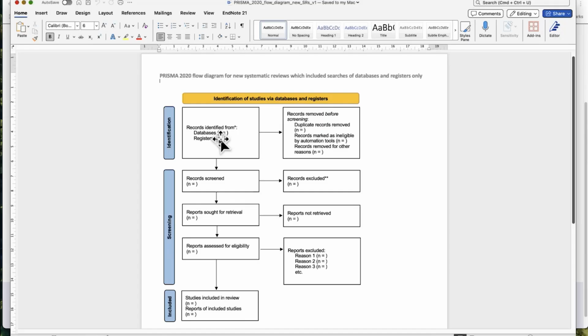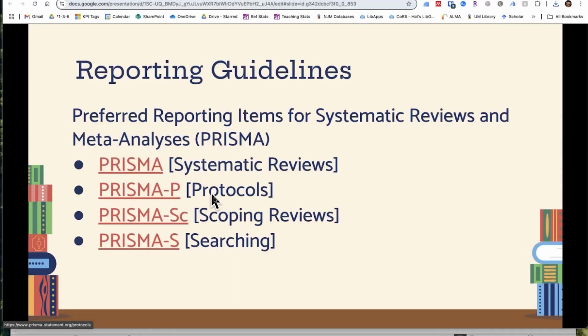Again, this is designed to reduce bias by showing exactly where they searched, exactly why you excluded some studies, exactly why you included other studies, step by step. So those are all listed out for you to take a closer look at depending on what kind of project you're going to be embarking on.